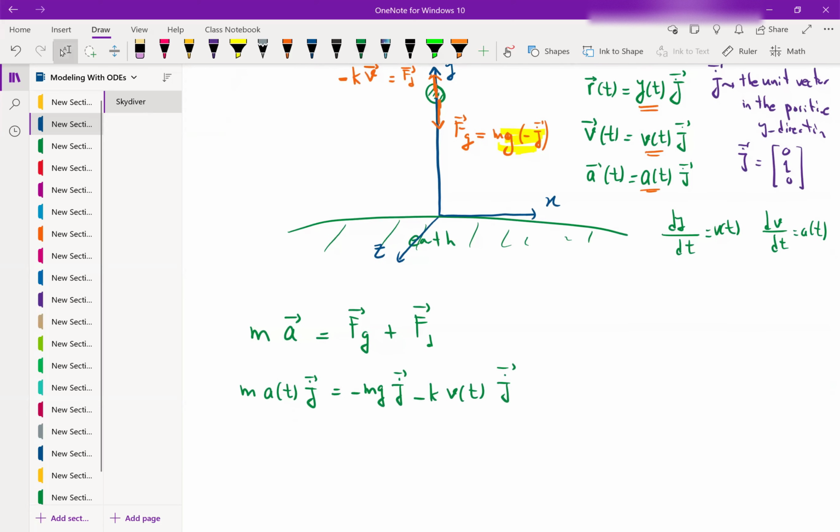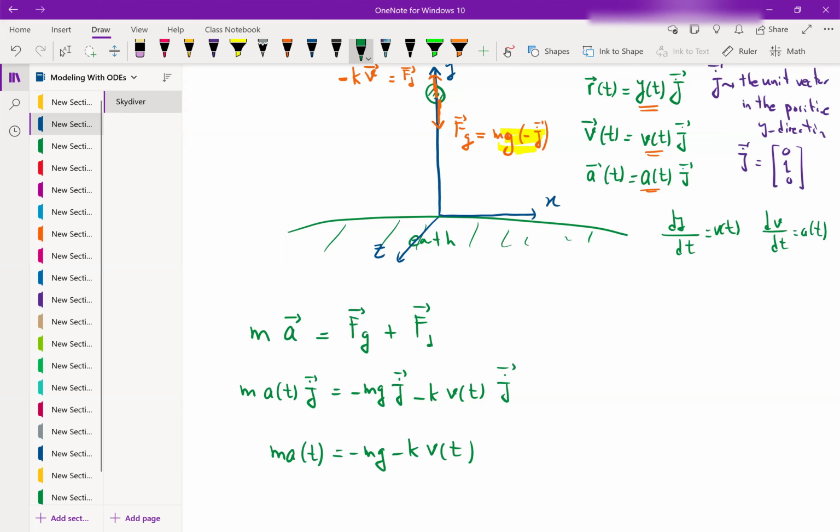Awesome. Now, all of these things are in the j direction. Immediately, I can conclude that m times a(t) is equal to negative mg minus k v(t). So this is what Newton's second law is telling me.